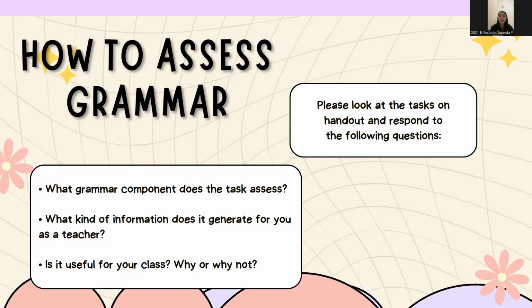This aspect relates to the insights or data that the teacher can gather from the task. For example, it might help the teacher understand the student's grasp of a particular grammar concept or identify common mistakes. And the last one is usefulness for the class. This considers whether the task is beneficial for the class as a whole. Does it contribute to the students' learning experience and the teacher's teaching goals?